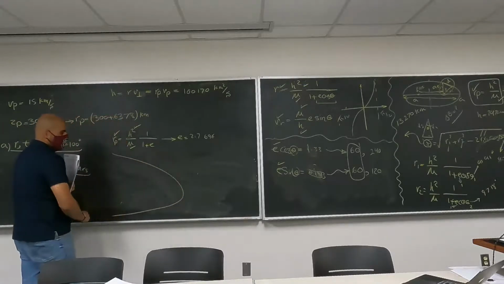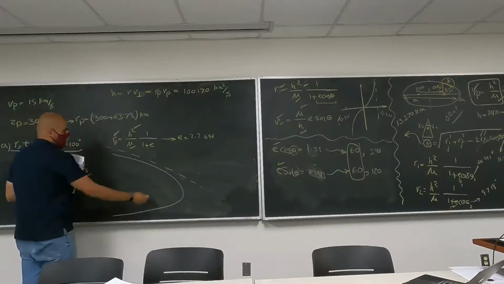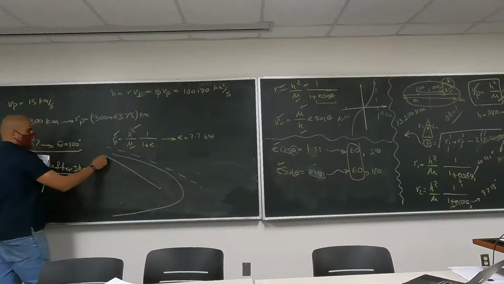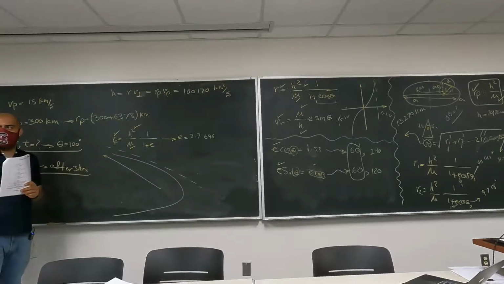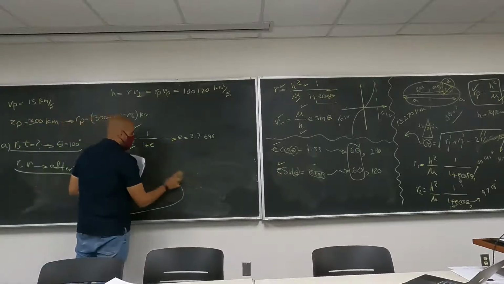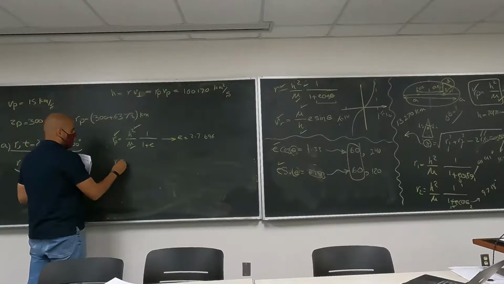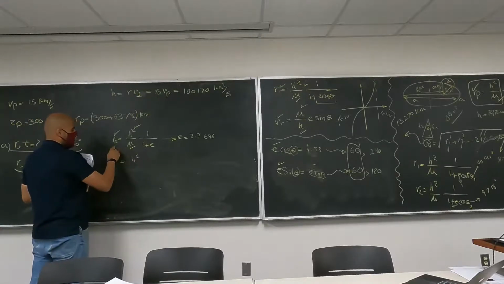So this is your hyperbolic trajectory. It has an asymptote, right? I want to find the r at this asymptote. Infinity, exactly. So how can we get the r to be infinity? This is for perigee.